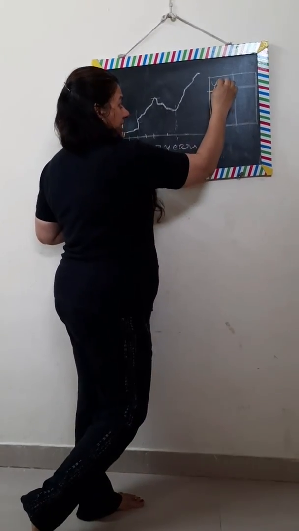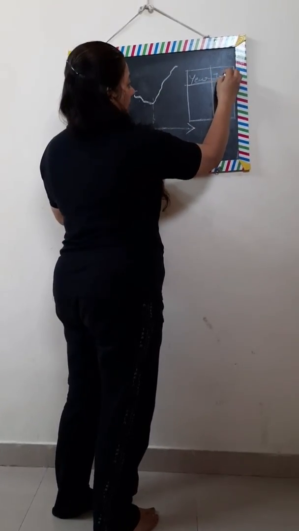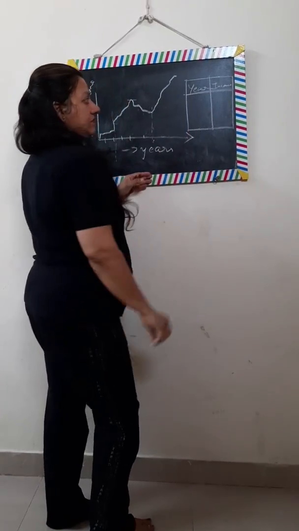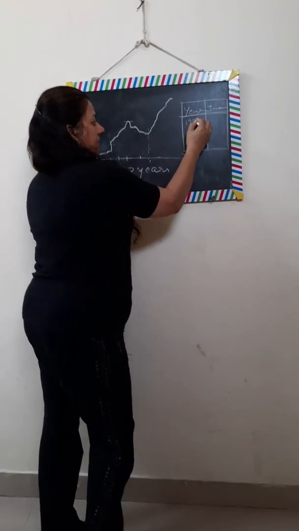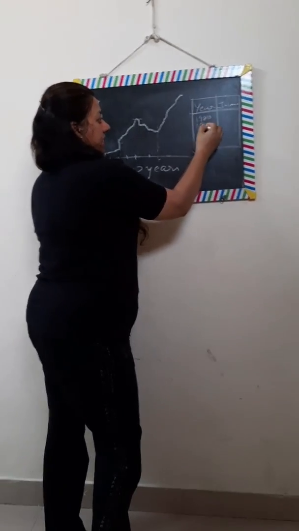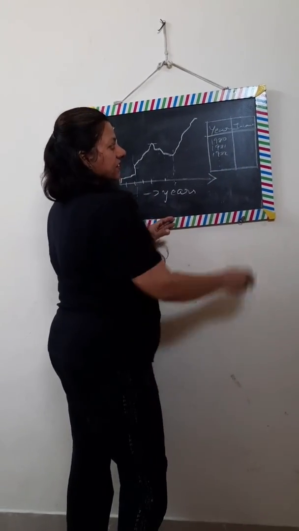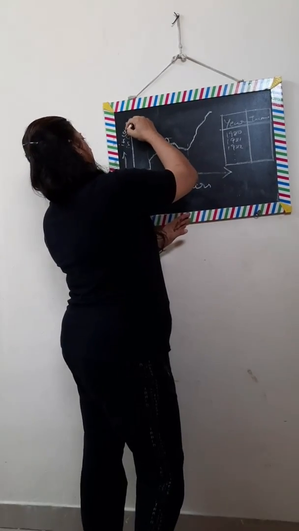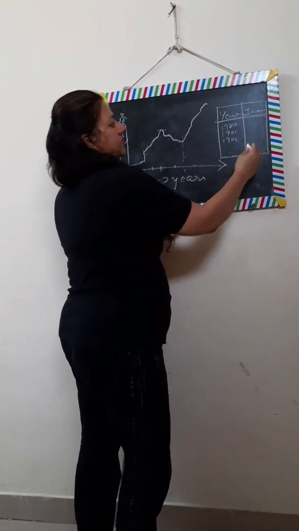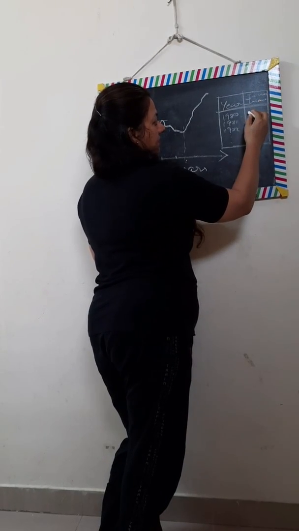So I'm going to say which year, what was the income? And I started, let's say, from 1980 onwards, 1981, 82, etc. And the income was, let's say, in crores. So this will be in crores.